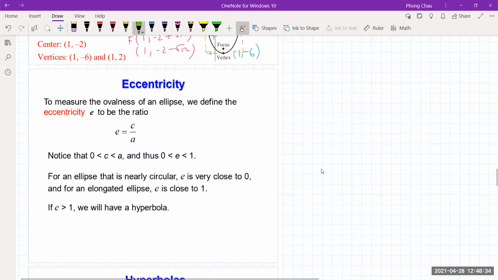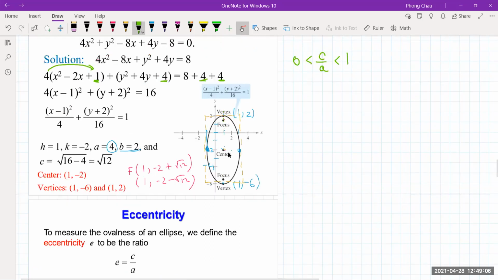To measure the ovalness of the ellipse, we define the eccentricity E to be the ratio of C over A. And because C is smaller than A and bigger than 0, E, that ratio, is between 0 and 1. For an ellipse that is nearly circular, E is very close to 0. And for an elongated ellipse, E is close to 1, because now C and A are almost the same length.